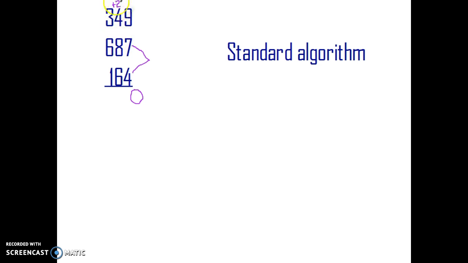Okay, and I didn't do this on purpose, but I like how this works because we have 2 plus 8, which equals 10. 16 plus 4 equals 20, so we have 20 again.